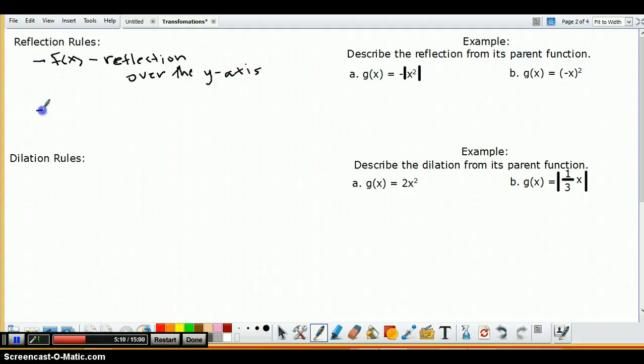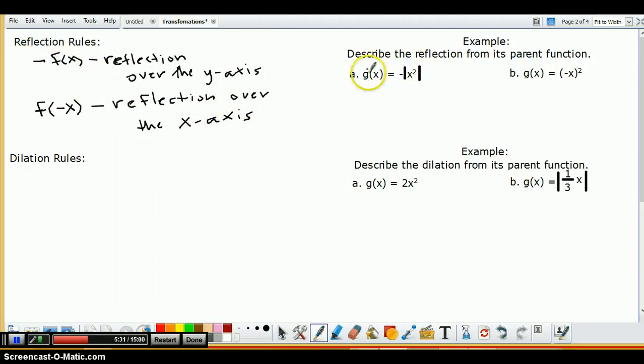And then we have f of negative x, where it is a reflection over the x-axis. So outside y, inside x.